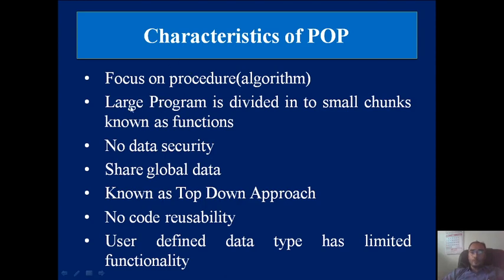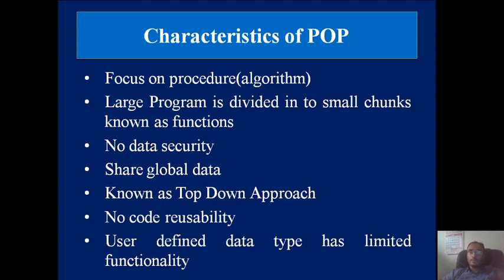Here, a larger or complex program is divided into small chunks known as functions or procedures. All the global data available can be accessed by different functions, so it does not provide any security for data.